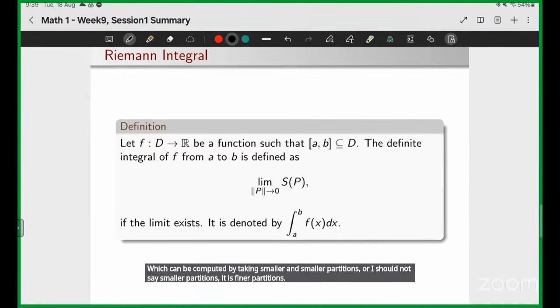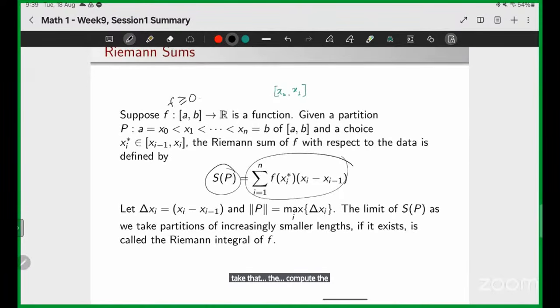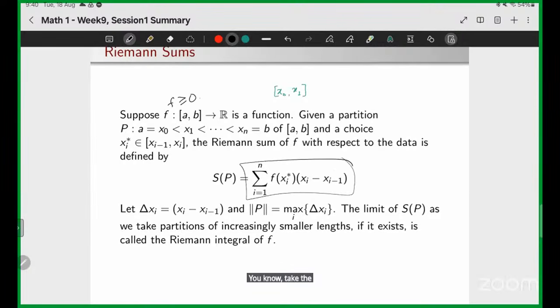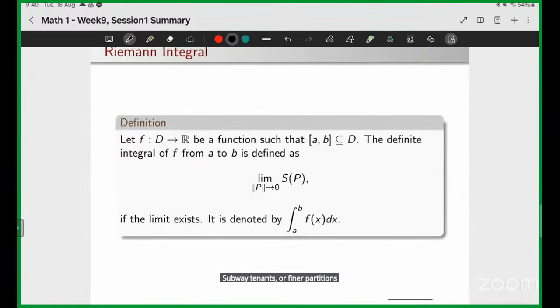You take finer and finer partitions, compute the Riemann sums and take the limit of that sequence across shrinking subintervals or finer partitions. And whatever real number you get is called the definite Riemann integral of f from a to b.